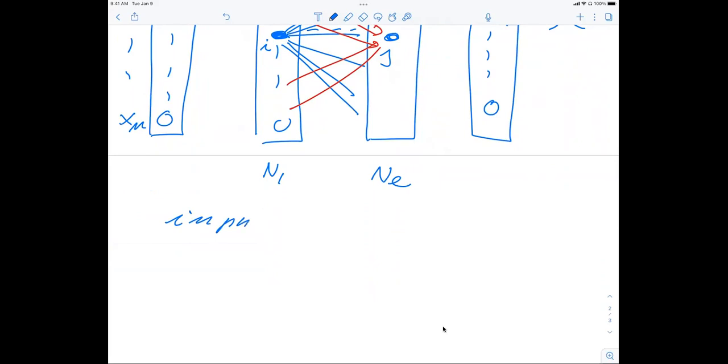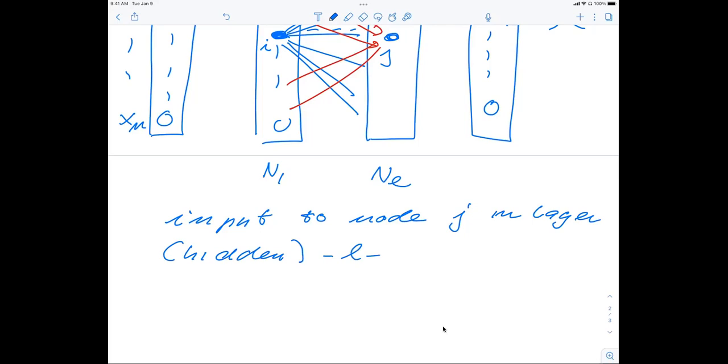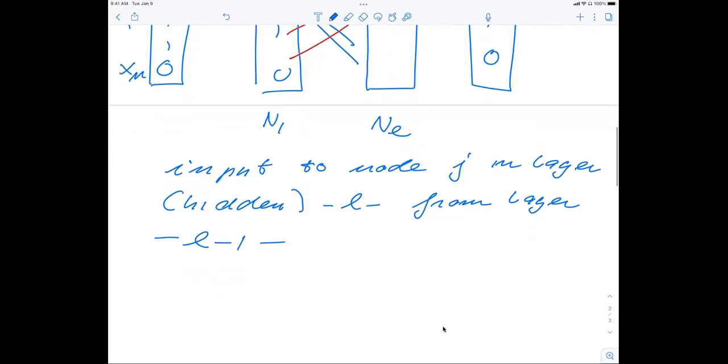So input to node j in layer l, so this is a hidden layer, and we call this layer l, from layer l minus 1. We are going to label this as z, with a subscript j and a superscript l. And this is going to contain a sum over all the contributions from the previous layer.